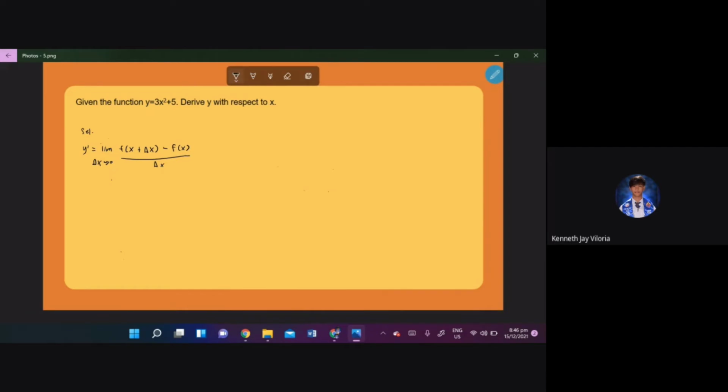Next step is substitution. We need to substitute x plus change in x for x.